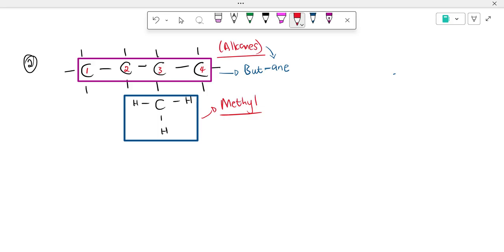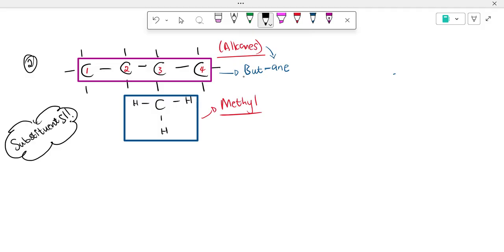When does the alphabetical order rule apply? The alphabetical order rule applies when you're looking at substituents. So the alphabetical order rule applies when you're looking at substituents only, right? So that's very important. Substituents.